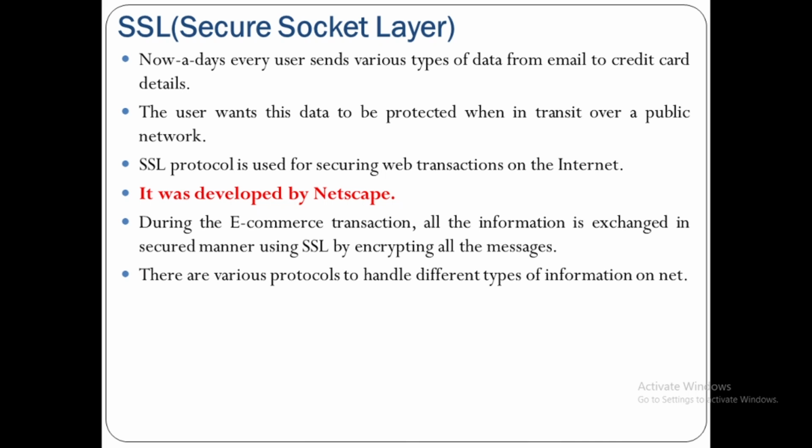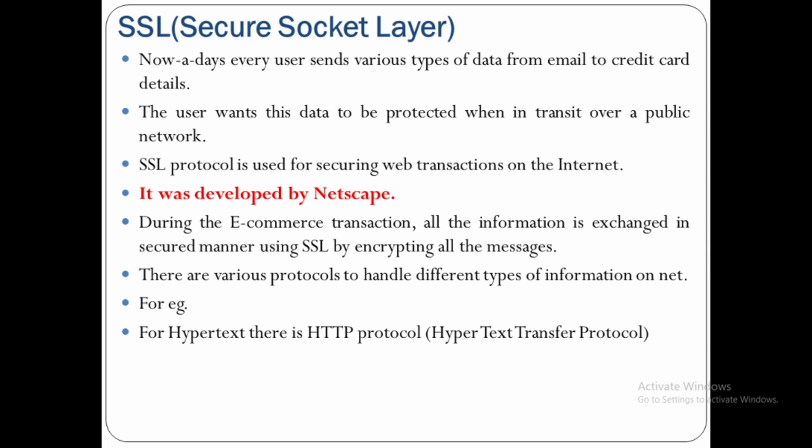There are various protocols to handle different types of information on internet. So these protocols, let's see a few protocols. For example, hypertext. Whenever we click on a particular text and it opens another web page, that text is known as hypertext. So for hypertext there is HTTP protocol.